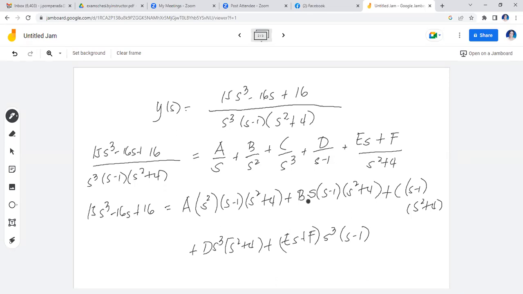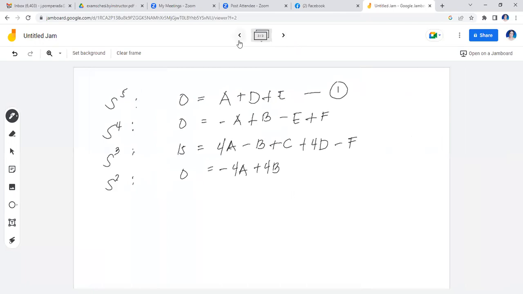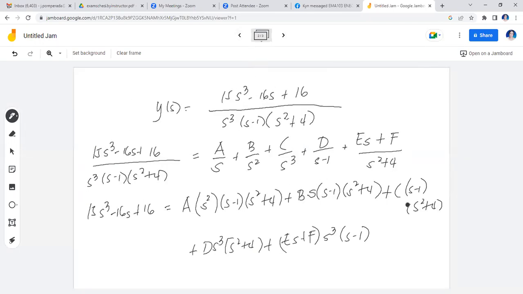So I should only have this one for B. Okay, S squared multiplied to this 4B. Okay, I have that already. Then in here, I have 1. That's negative C.